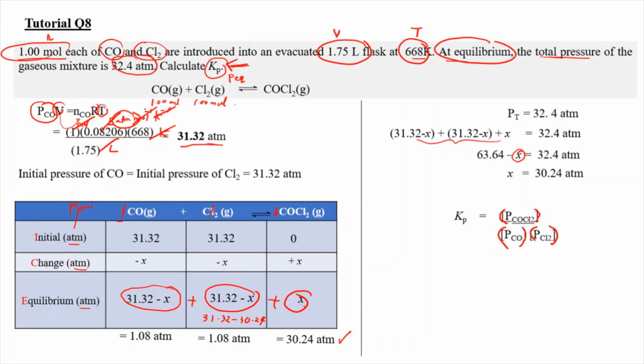And then for PCOCl2, we're going to get 30.24 divided by 1.08 and then divided by 1.08 as well. So once we do the maths here, we're going to get the value of Kp to be 25.93 without any unit. Okay, because in this chapter, we're going to assume that Kp and Kc are dimensionless. Alright, so that's all for tutorial question 8.